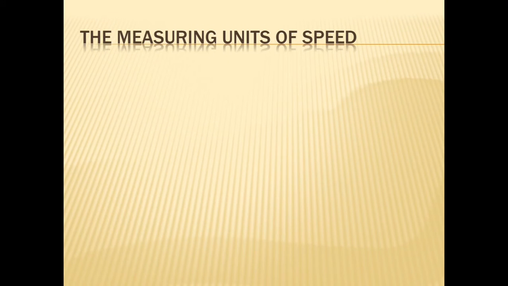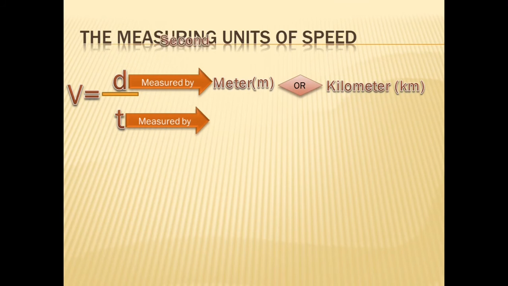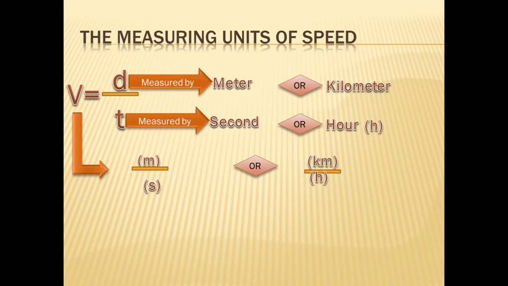What about the measuring units of speed? As we said, speed equals distance over time. Distance is measured by meter or kilometer, while time is measured by second or hour, right? So the speed can be measured by meter per second or kilometer per hour.